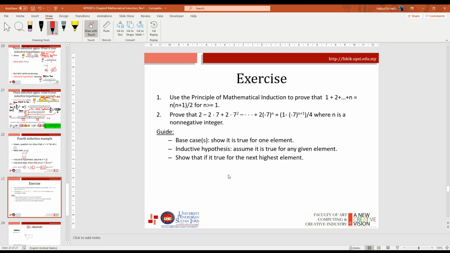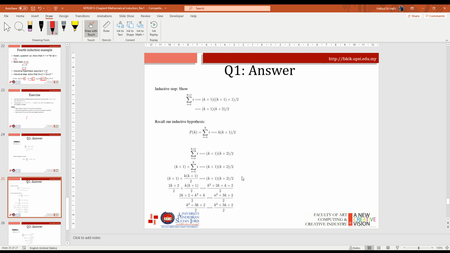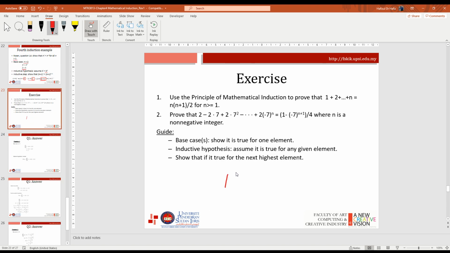You can see this one for the answer. For example, we have used the principle of mathematical induction to prove that 1 plus 2 until n is equivalent to n(n+1) divided by 2 for n greater than or equal to 1, and number 2, where n is a non-negative integer.